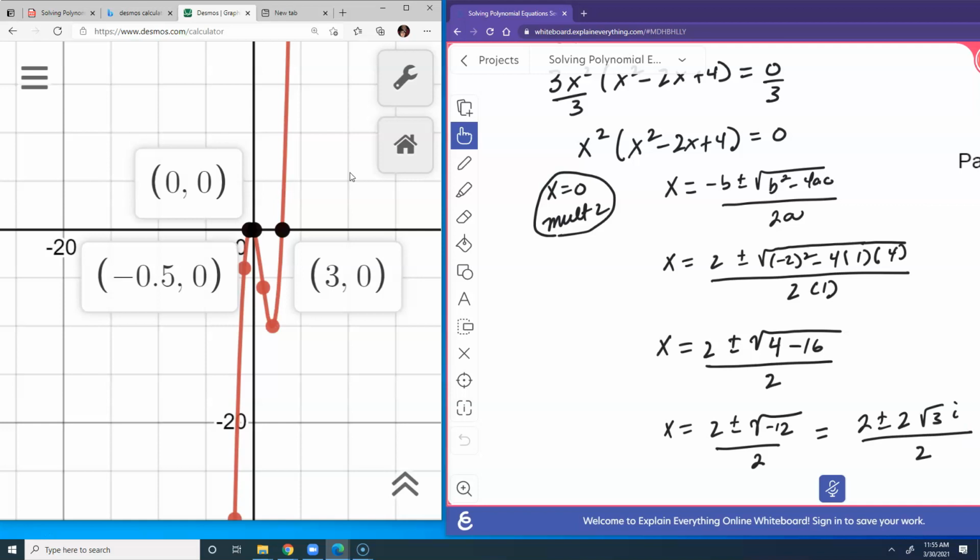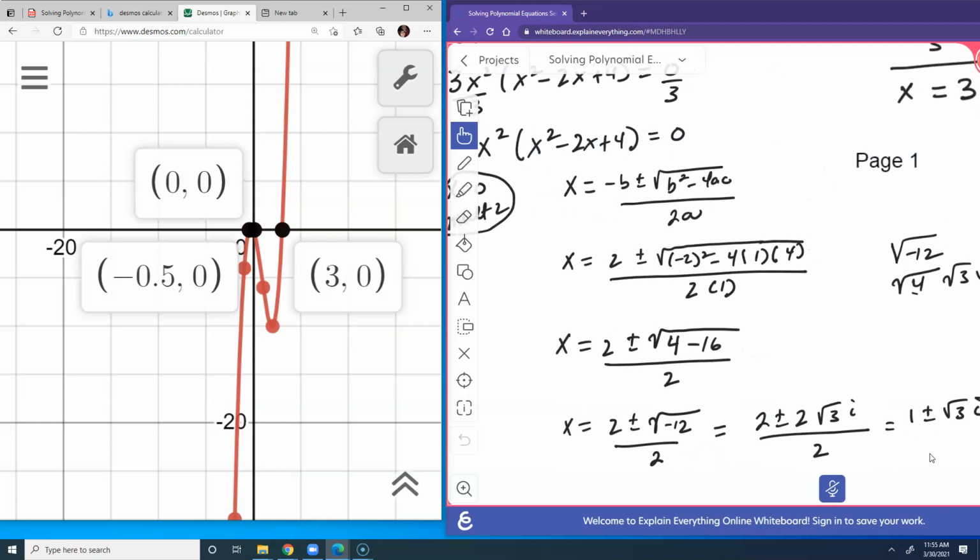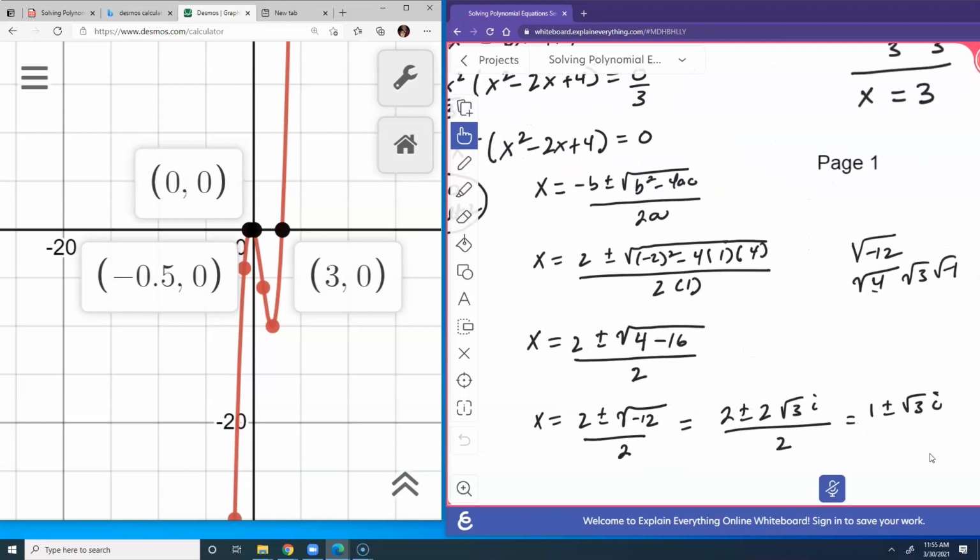So it's 1 plus or minus square root of 3 i. Okay. So you have 0, repeated twice. And then you have 2 plus or minus 2 square root of 3 over 2, which reduces to 1 plus or minus square root of 3.